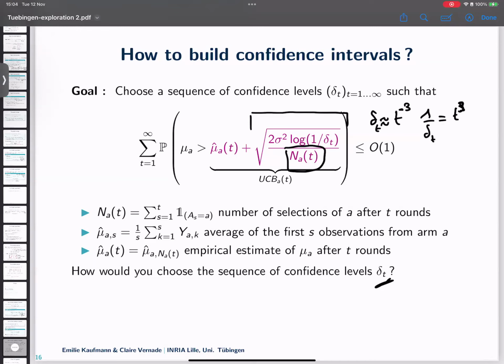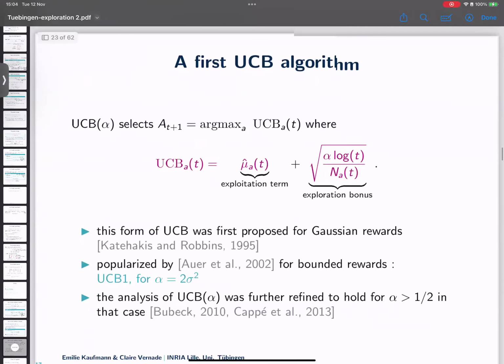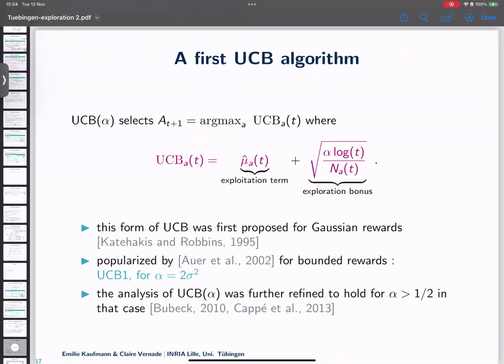So this means the more you've explored the arm, the less you need a bonus to explore, and the fewer samples you have from this arm, the more you'll be pushed to pull it, because the confidence bound will be very large. So that's summarizing an algorithm like this. So this is UCB. Yes, there's a question over there.